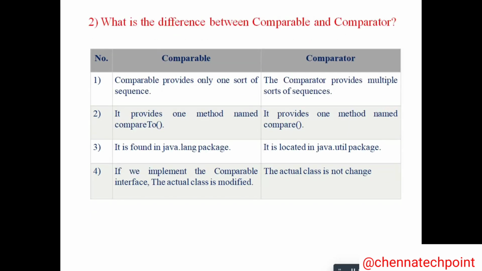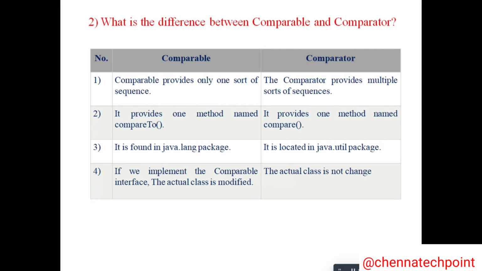Next one. What is the difference between Comparable and Comparator? Comparable provides only one sort sequence, whereas Comparator provides multiple sort sequences. Comparable provides one method named compareTo, whereas Comparator provides one method called compare.